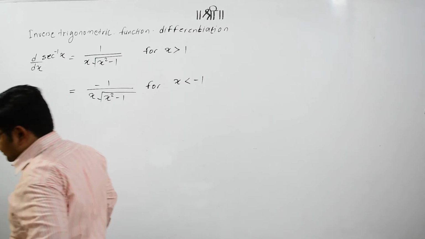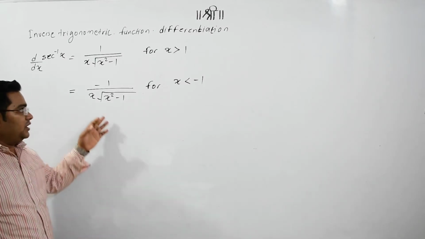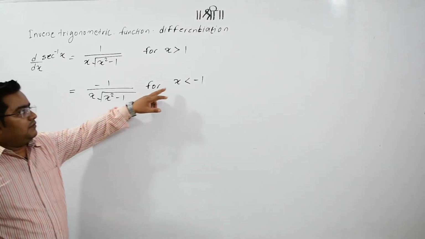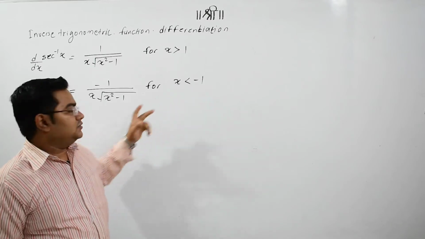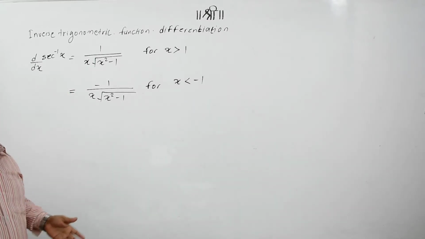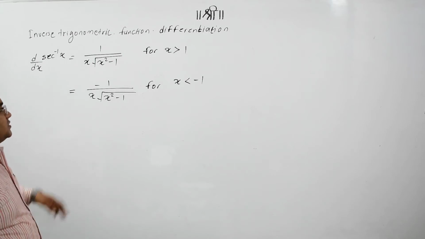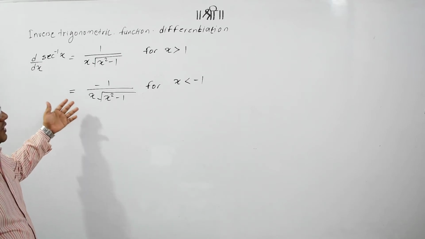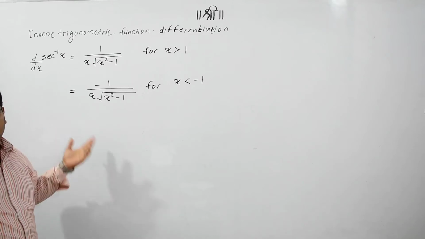So don't forget it. This is a most important and crucial formula. Whenever they have given you x is less than minus 1, then you need to use this value. Okay sir, how are we getting these minus 1 and plus 1 values? So it depends on the coordinates. They will definitely give it, and in problems I will explain it to you.